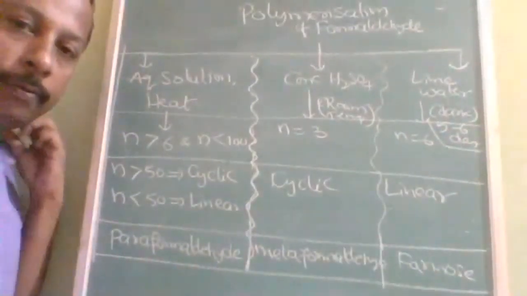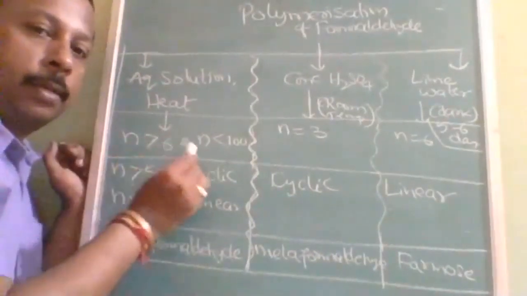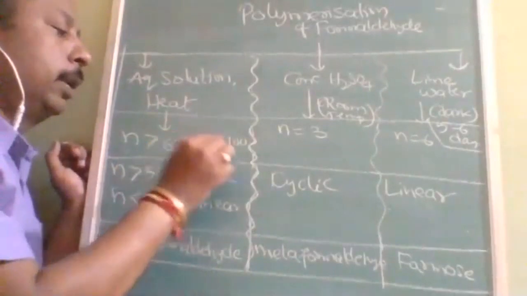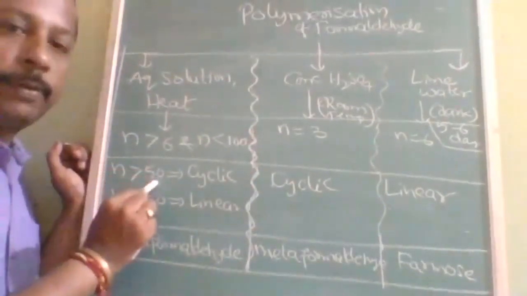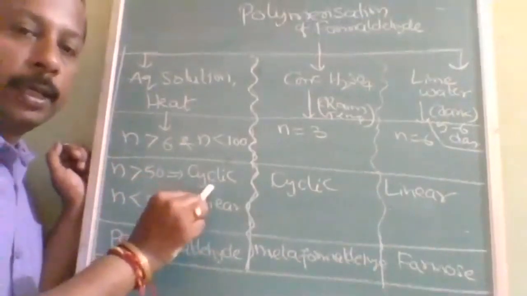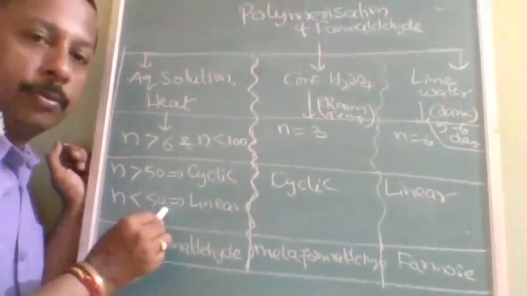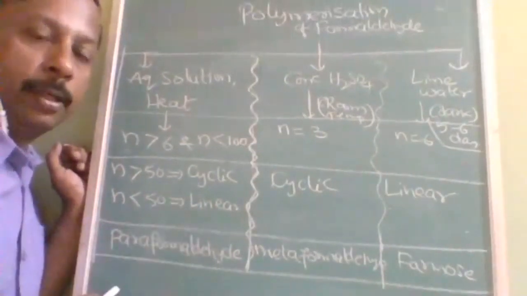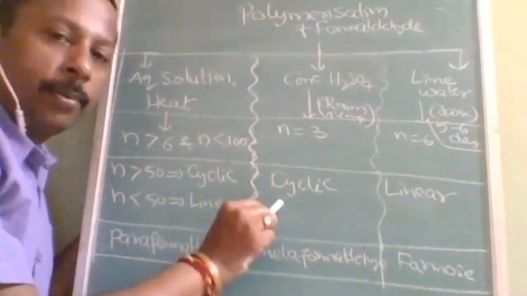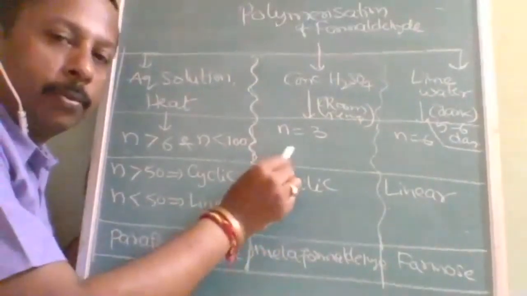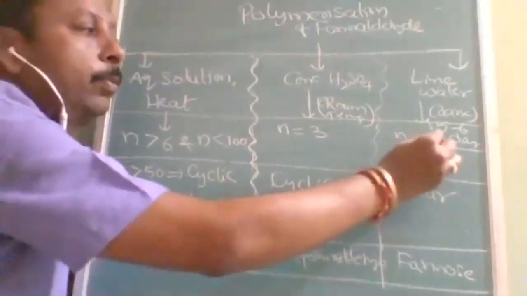And the n value for it. The n value will be greater than 6, but n should be what? Less than 100. If n is greater than 50, polymerization is cyclic polymerization. If n is less than 50 but above 6, then polymerization is linear polymerization. Here always cyclic polymerization with 3 molecules; here always linear polymerization with 6 molecules.